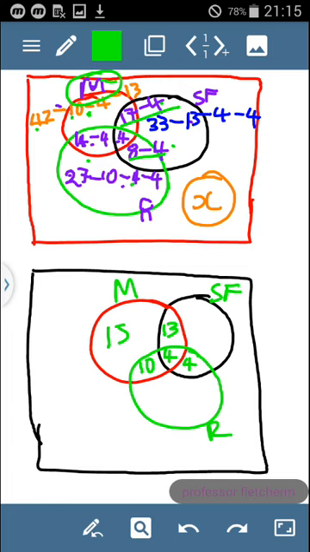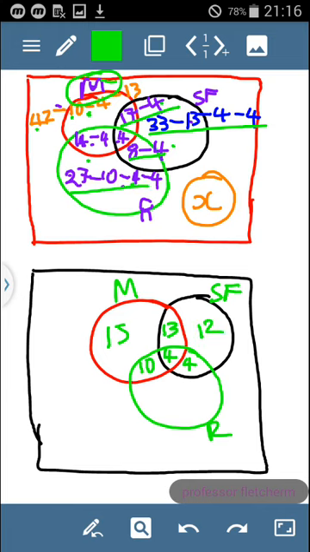And then again, we need to find out how many only had science fiction. So we are going to have 33, and then we less 13, then 4 and 4, and we get 12.